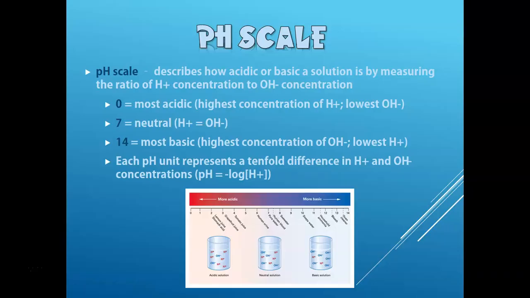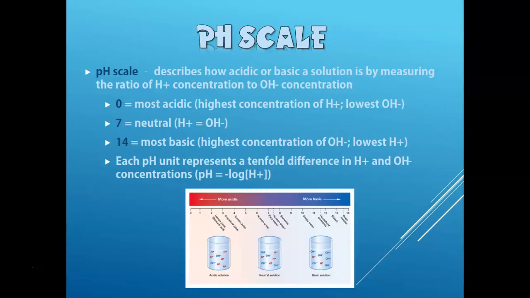Once again, maybe not the worst thing to put on the scale in your notes. So 7 would be neutral, and your H+ and OH- are equal to each other. Get below 7 all the way down to 0, and H+ is increasing every number that I go, but the OH- concentration is decreasing. Get above 7, every number I go, the H+ is getting lower, but the OH- is getting bigger.